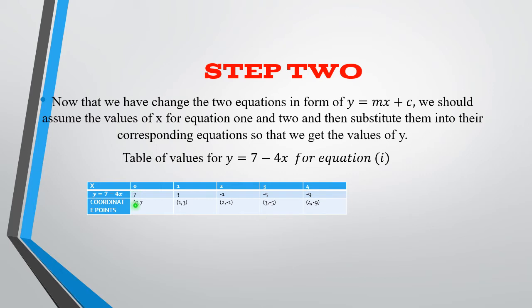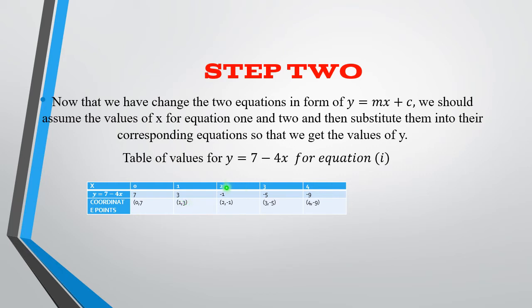So the coordinates are 0 and 7. When x is equal to 1, we put 1 in place of x. So we have 7 minus 4 times 1, which is 7 minus 4, and that is obviously 3. So the next point is 1 and 3.